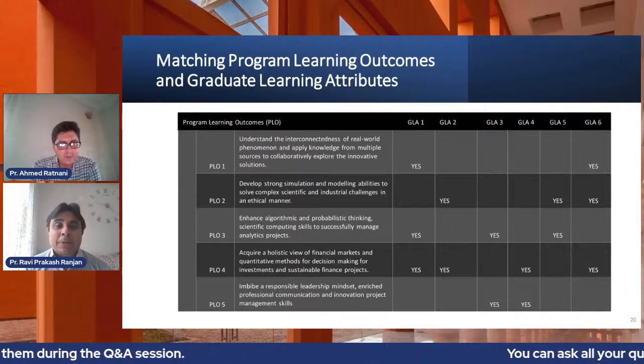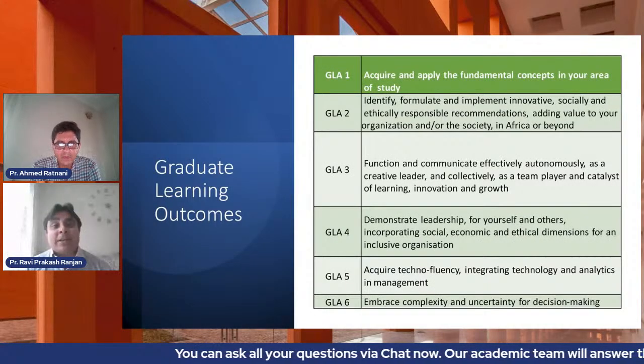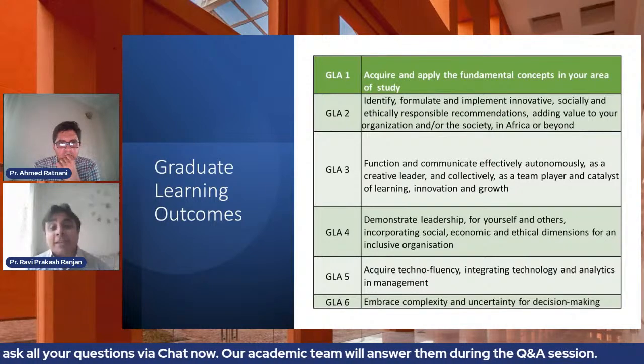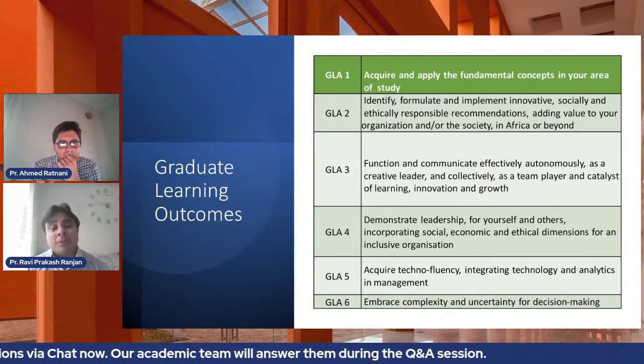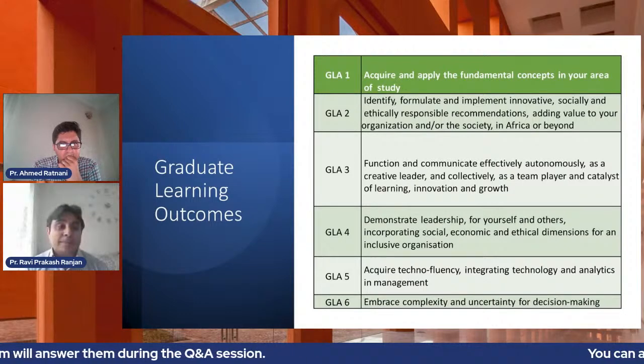Ahmad, if you could just go back to the previous slide. Yeah, so graduate learning outcome one is understanding the fundamental concept, and the sixth is understanding complexity and uncertainty for decision making, which will get reflected in PLO one.